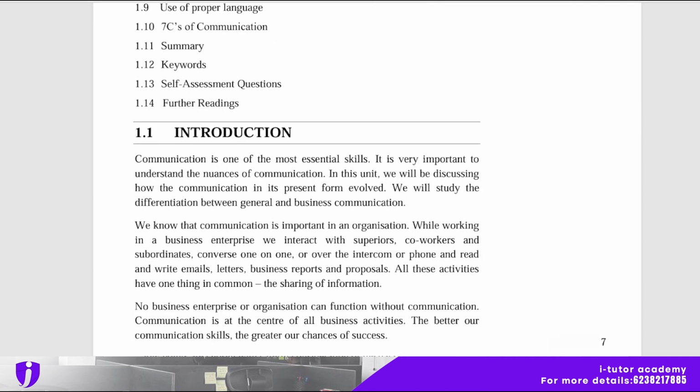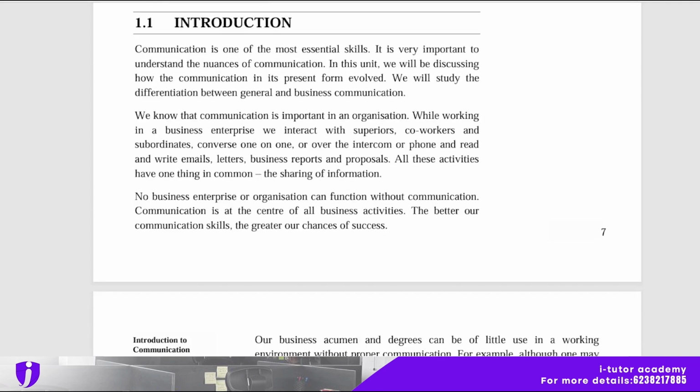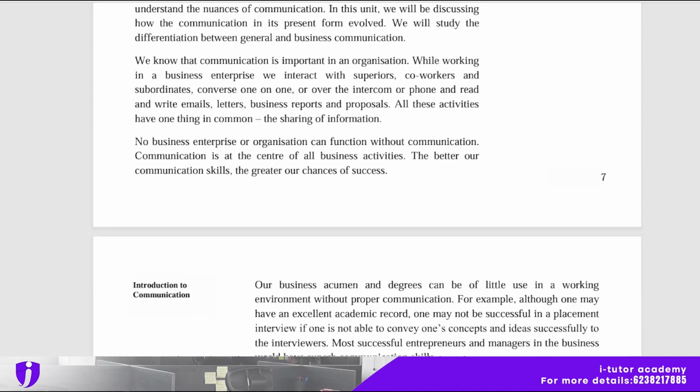So this is the introduction part. In introduction, communication is one of the most essential skills. It is very important to understand the nuances of communication. In this unit we will be discussing how communication in its present form evolved. We will study the differentiation between general and business communication. We know that communication is important in an organization.